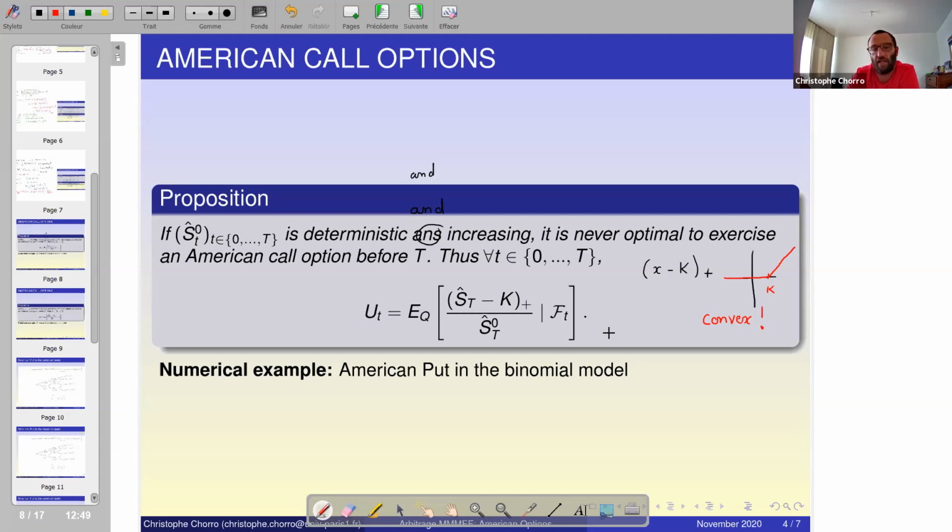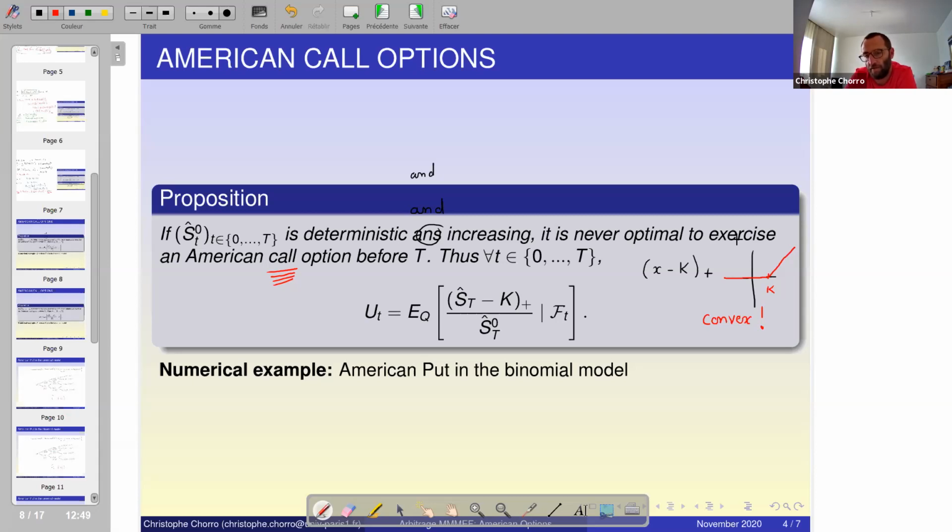In fact, I have stated the proposition for a call option, but you can replace this assumption by any American option associated to a convex payoff.